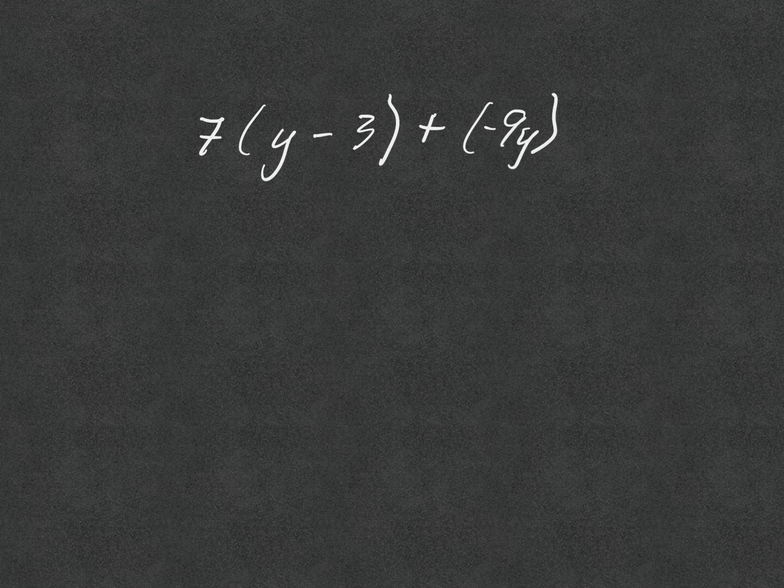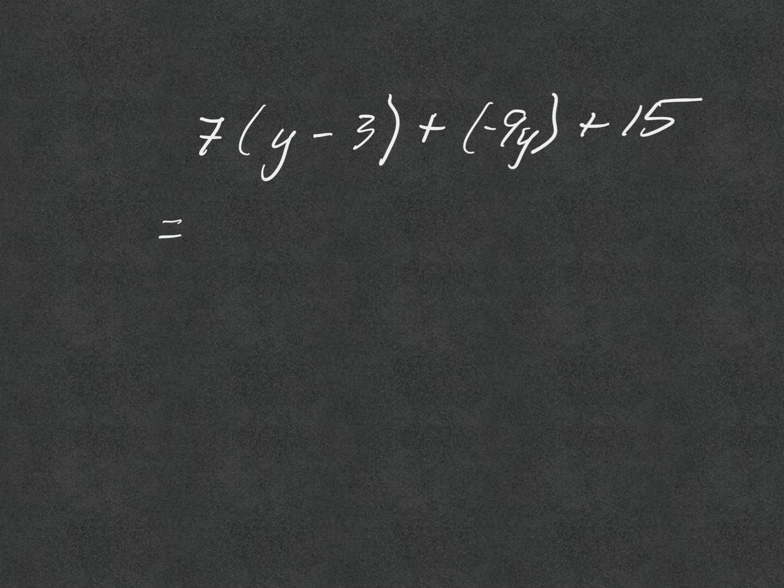Next thing. Finally, the last thing is you have to start to apply this. So you get something like 7 times y minus 3 plus negative 9y plus 15. Okay? And so when I look at this problem, first thing I notice is there's a distributive property here.